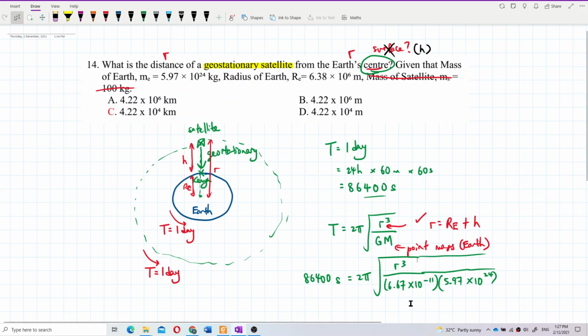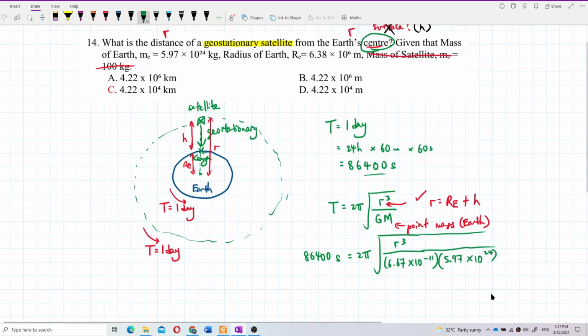So let's find out the R. Let's calculate 86400 divided by 2 pi, and then square the answer, multiply by 6.67 exponent negative 11, multiply again by 5.97 exponent 24, and then cube root it.